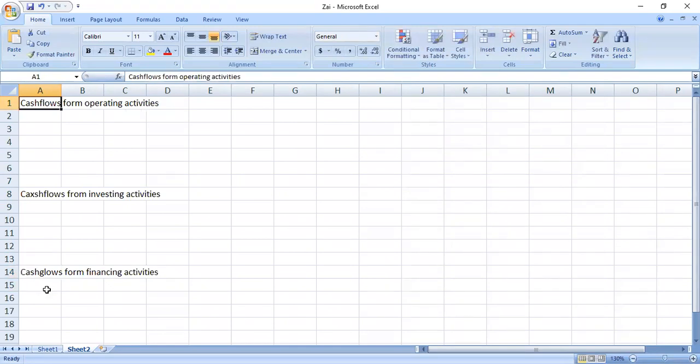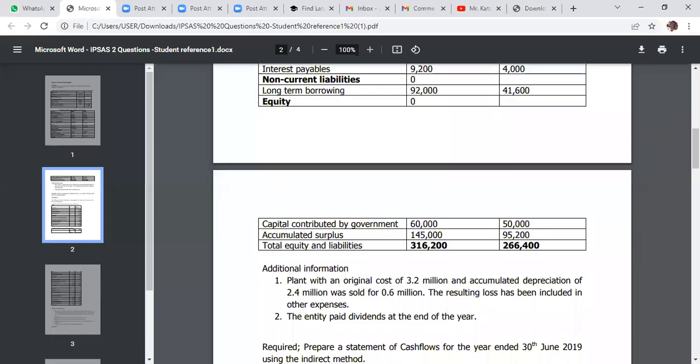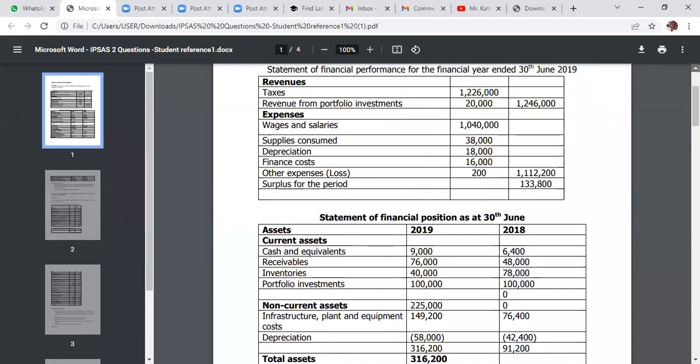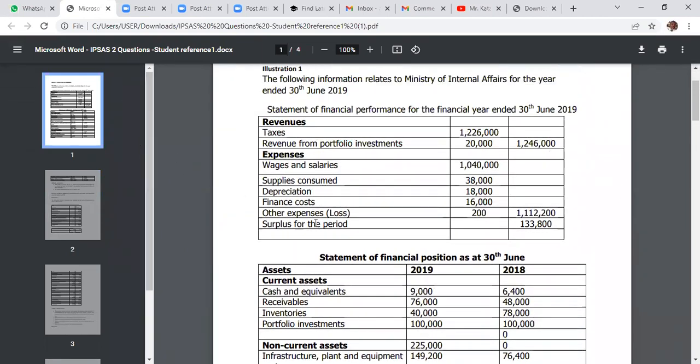So I said for the indirect method, the first thing is to determine the line that says profit before interest and tax. When you look at the question that was given and go to your income statement, or statement of financial performance, and read through, you'll find that you don't have a line that says surplus before interest and tax.